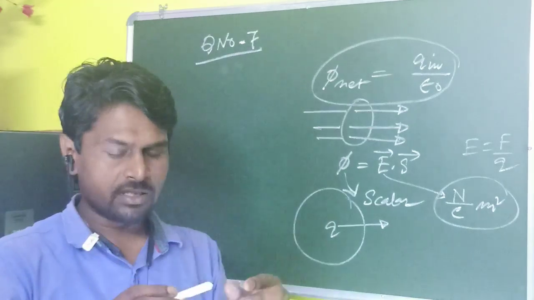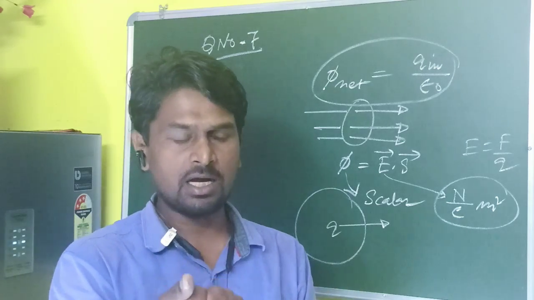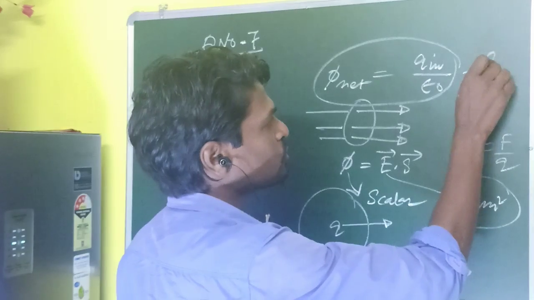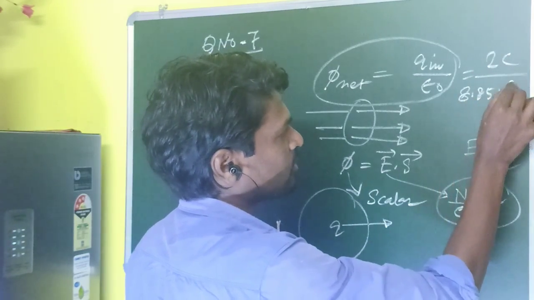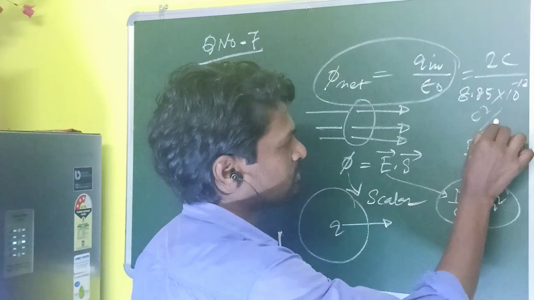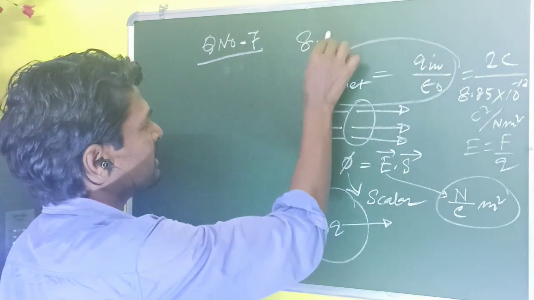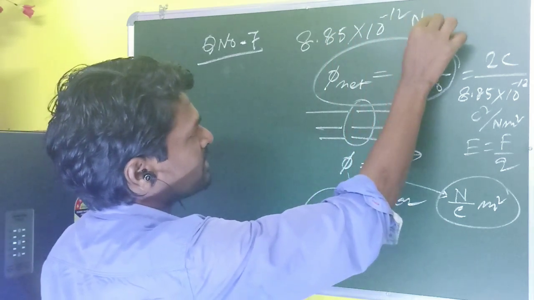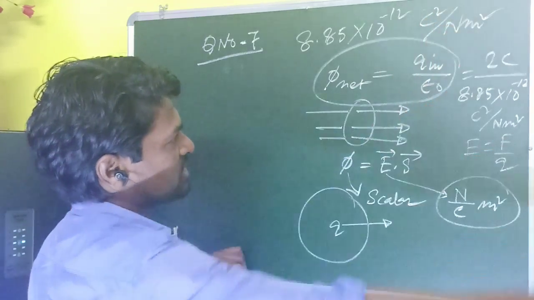Suppose this pen is a 2 Coulomb charge kept within my hands, then it is Q by epsilon naught, that is 2 Coulomb divided by 8.85 into 10 to the power minus 12, and the unit is Coulomb square by Newton meter square. You have to know that value.